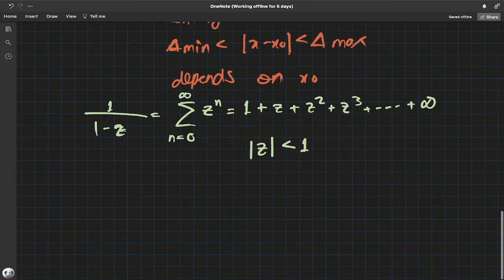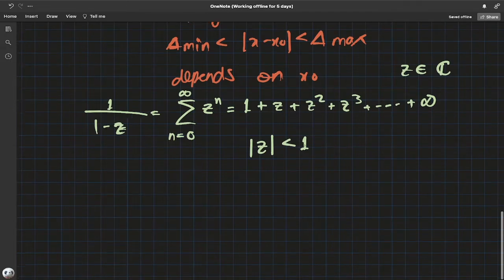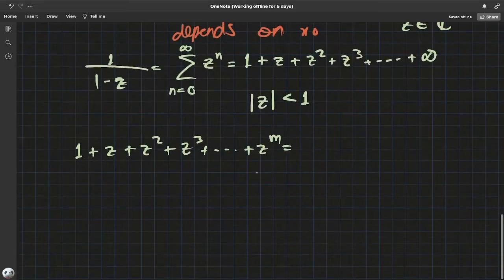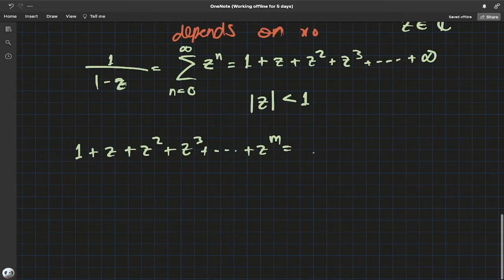Again, z is a complex number, so the absolute value is really the magnitude of that complex number. A general formula for the sum of finite terms of a geometric series, which I won't derive because it's not really hard, is 1 minus z to the m plus 1 power over 1 minus z.